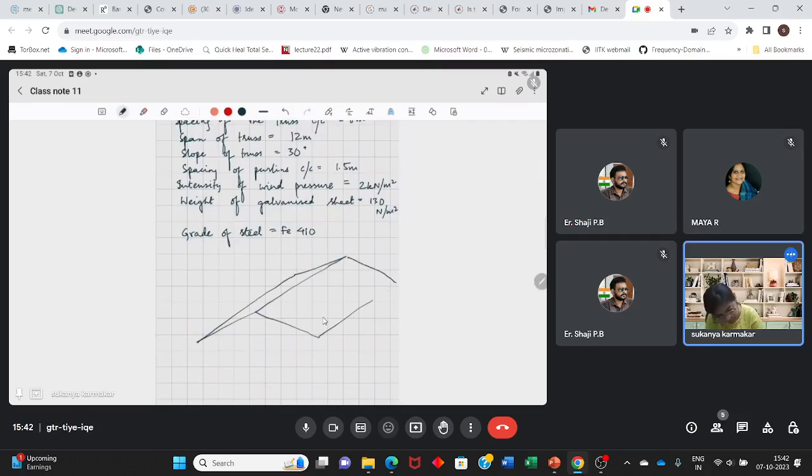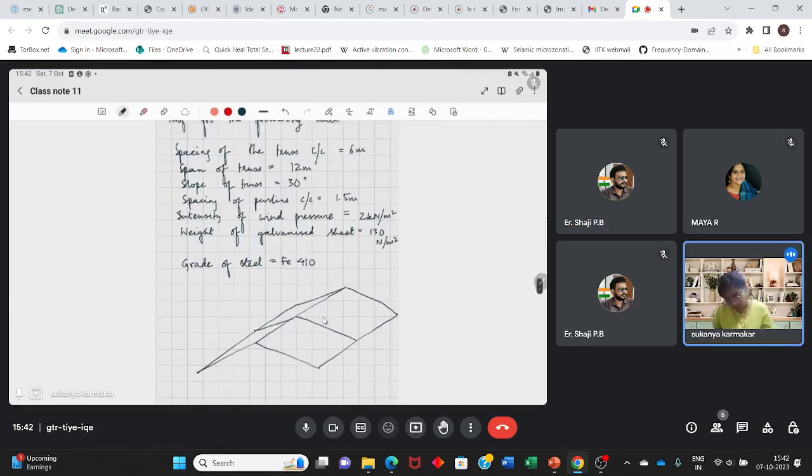One more truss will be there. In between, one more truss is there. So this spacing is 6 meter.